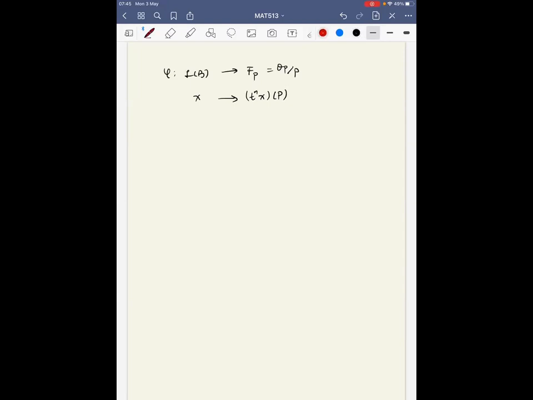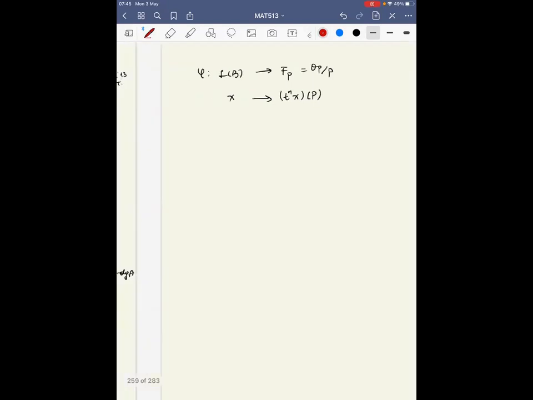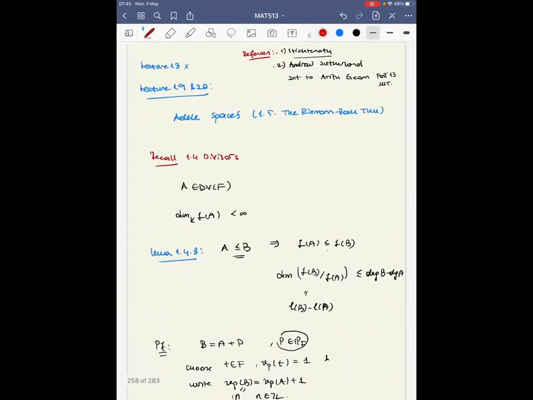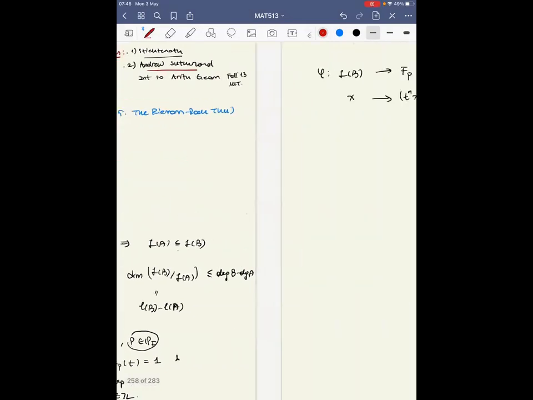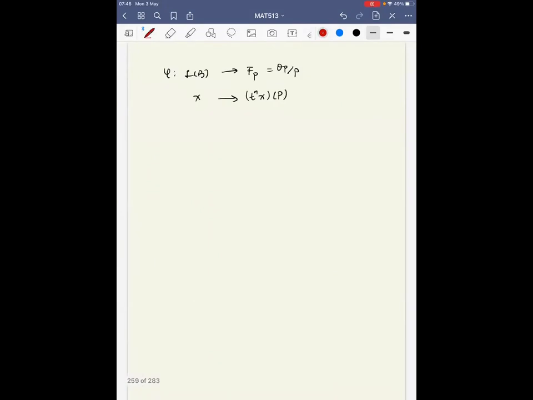Probably in previous lectures, when I was talking about this lemma, I introduced this function, and even in Stichtenoth, this function is introduced as t times x, but I think it's supposed to be t to the n, which is explained in the second reference, because in this case, this definition makes sense.